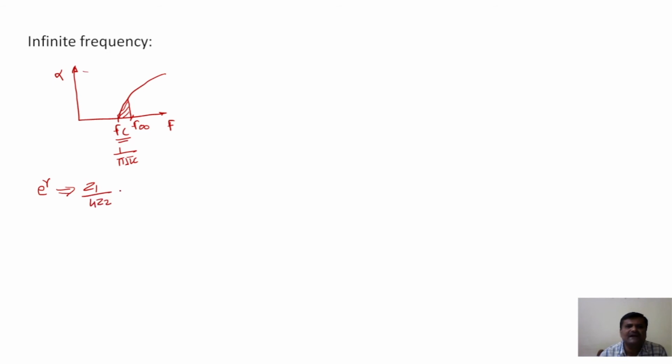If Z1 divided by 4Z2 becomes infinite, then e raised to gamma also becomes infinite. What is gamma? Gamma is equal to alpha plus j beta. So if gamma becomes infinite, what is the conclusion? Alpha also becomes infinite.